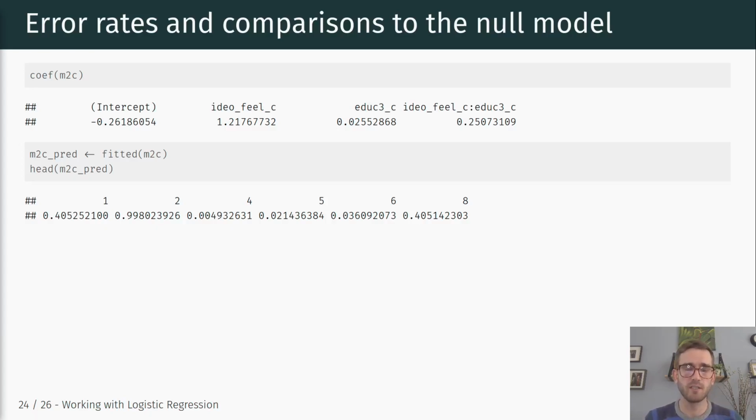We're predicting presidential vote choice in favor of the Republican candidate in the 2000 US presidential election based on ideological self-placement and education, as well as the interaction between those two predictors.